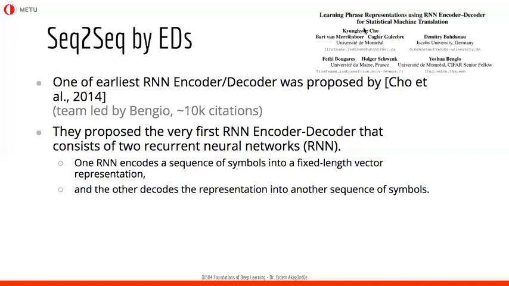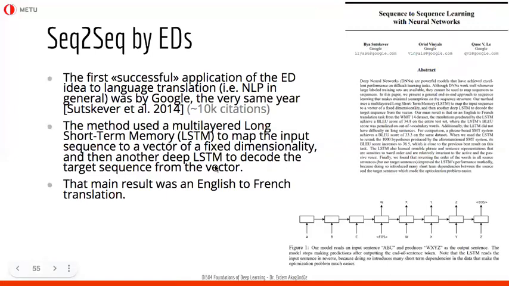Simply, an encoder-decoder is a network with two recurrent neural networks, where one recurrent neural network is the encoder and the other recurrent neural network is a decoder. The first recurrent neural network encodes a sequence of symbols to a meaning, a fixed length vector, and the other one decodes the representation. So it is like, for example, you have an LSTM.